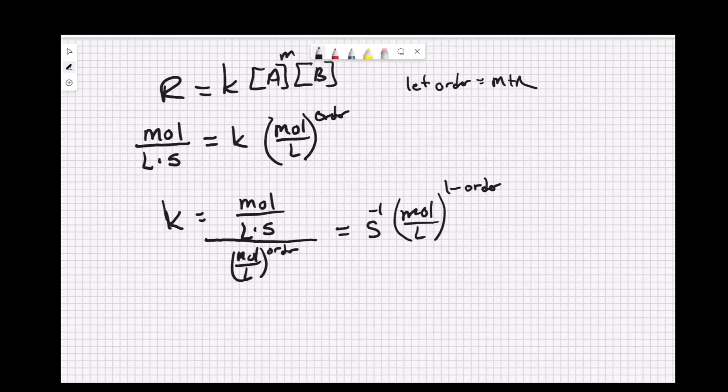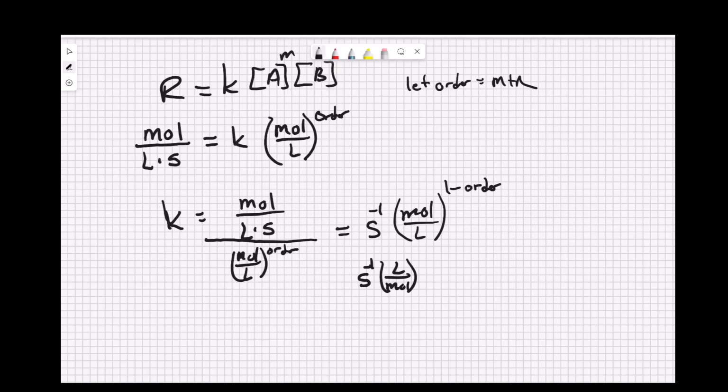But we don't really like to write it this way. We usually see this written not as moles per liter, but as liters per mole. So I'll just flip that thing, all right? When I flip that thing, that puts a minus sign in front of the exponent. Do you agree with that? So this becomes seconds to the minus 1, liters divided by moles.